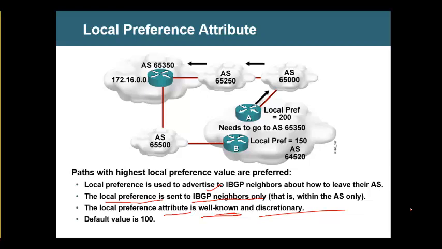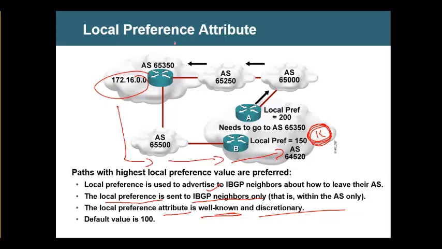Now this local preference is a numerical value. The default is 100. Higher is preferred. For example, you see, this is one router. Let's say this is router K. Router K will be learning about the 172.16 network from B, like this.